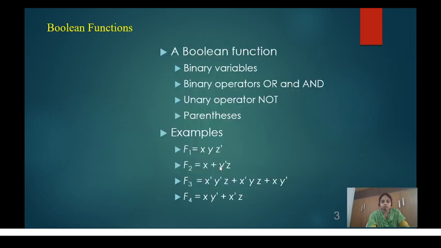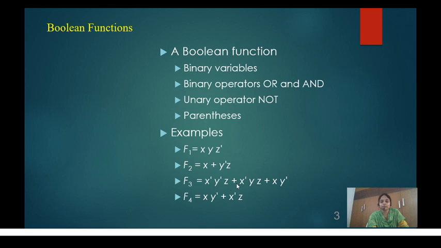Next, go to the other function, x plus y complement z. Find out this x plus y complement z, and then in a similar way f3. F3 is x complement y complement z. That is, x complement represents 0, y complement represents 0, z is 1.